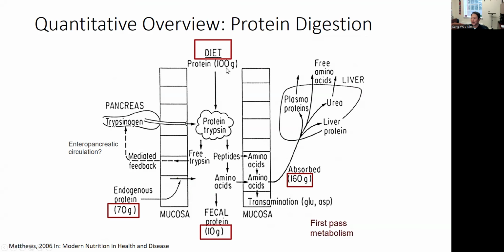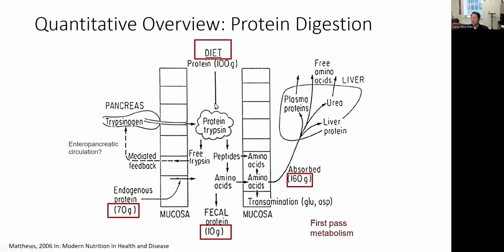Let's say there's 100 grams of protein ingested, okay? And the middle part here is the lumen, the space in the gastrointestinal tract, and this is the small intestine. There are rectangular things, looking like bricks, and those are enterocytes, and both outside here and both sides are the inside of the body.